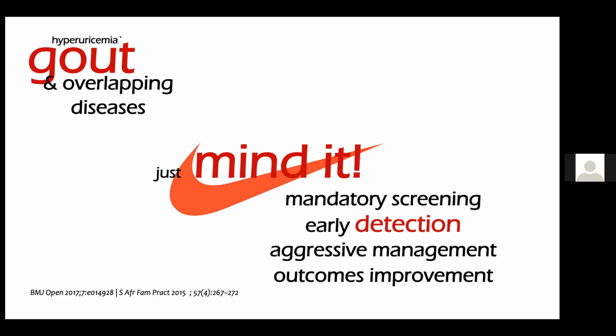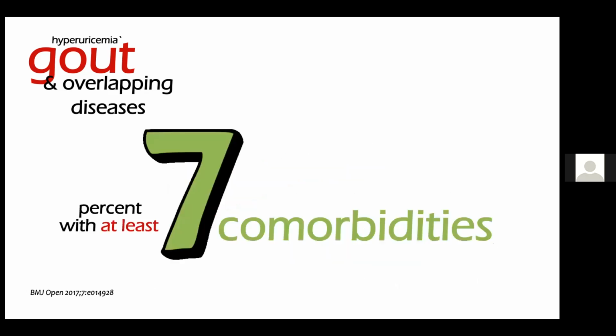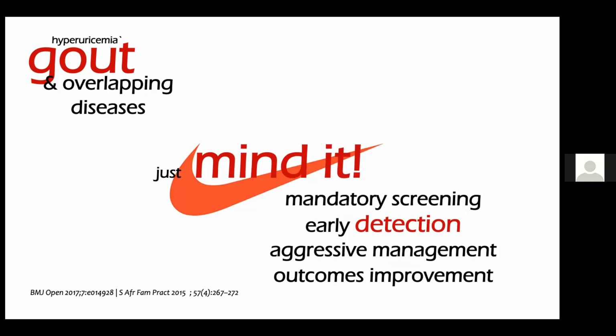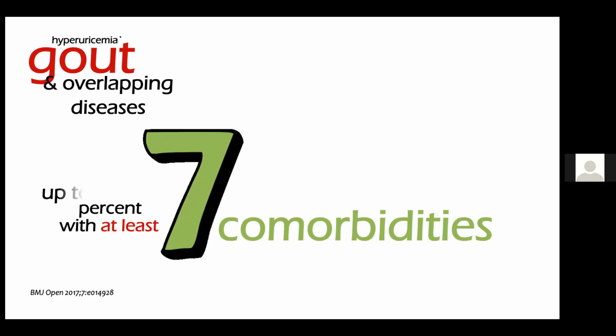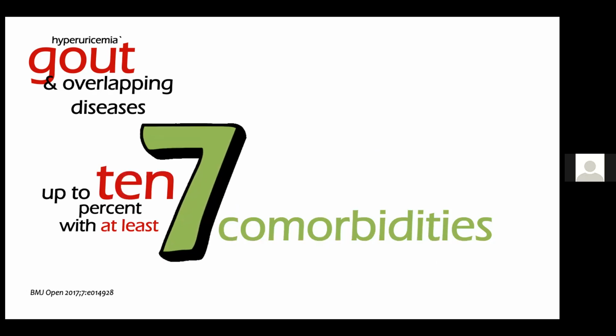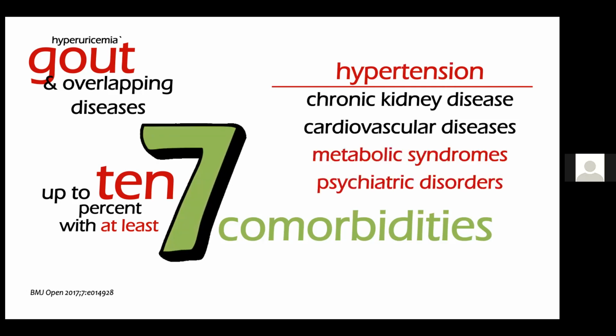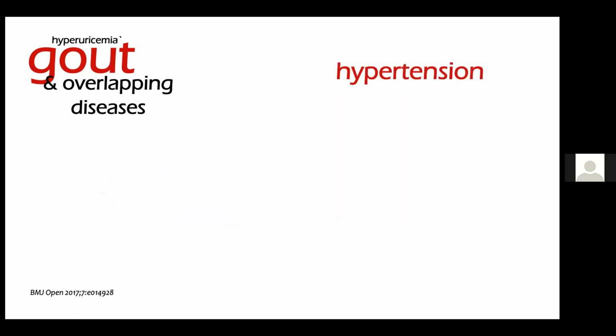But whenever you see gout or think gout, you need to mind comorbidities, because whenever you see gout, you might get more than you bargained for. As we said, up to 10% of people might have at least 7 comorbidities, and these are the different comorbidities that we've spoken about.